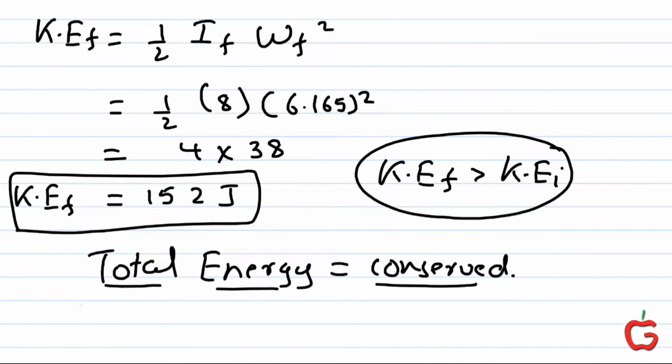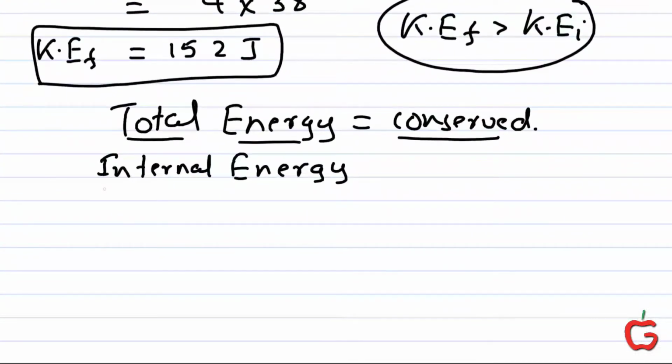So here the internal energy, which internal energy? The muscular internal energy. The boy has to flex his muscles. He has to use his muscles to fold his hands to bring the weights closer to his body.